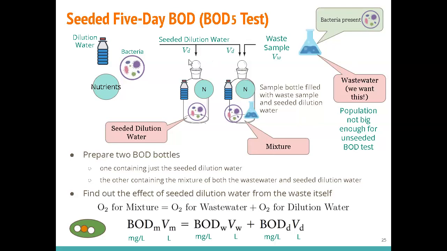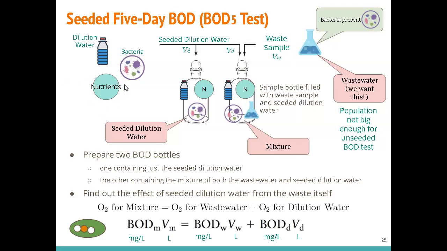So now, on the right-hand side, we have the waste sample. On the left-hand side, these are the things we want to add to your measurement. So we add dilution water to provide dissolved oxygen. And we also provide bacteria to kick off the whole biodegradation, right? Because the original bacteria is too weak.